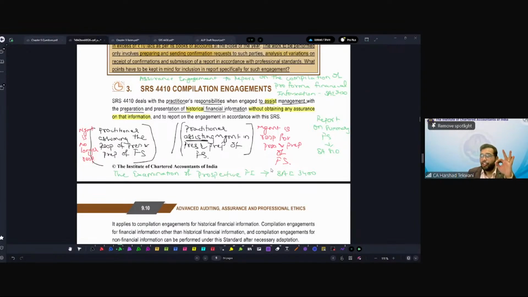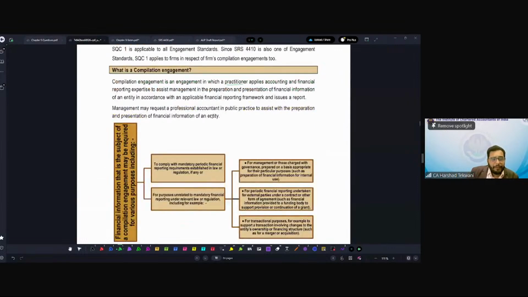Here, the practitioner has to apply his financial reporting and accounting expertise. That's why he's being hired over here. So the practitioner applies accounting and financial reporting expertise to assist the management. Everywhere we will use the term assist the management. That's it. We are assisting the management, nothing else.